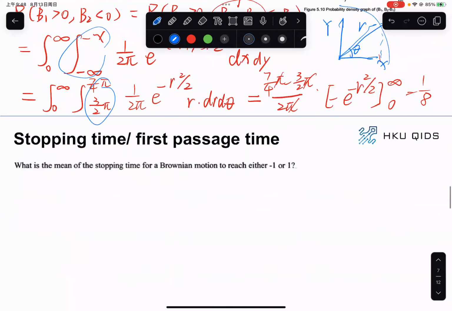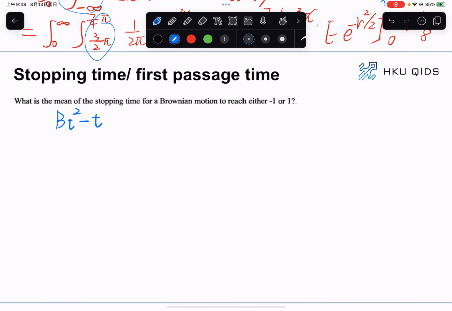We know Bt squared minus t is going to be a martingale. And then let T be the stopping time, which is just the minimum t such that Bt equals 1 or -1. Then this T is defined as the stopping time, right?